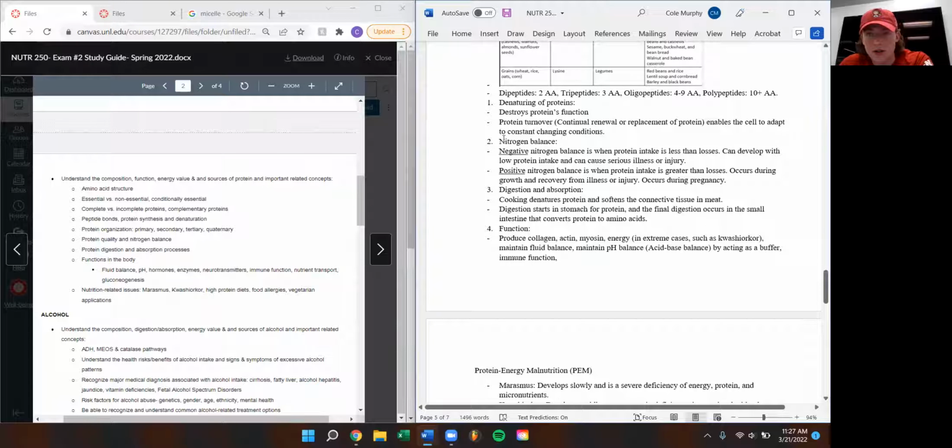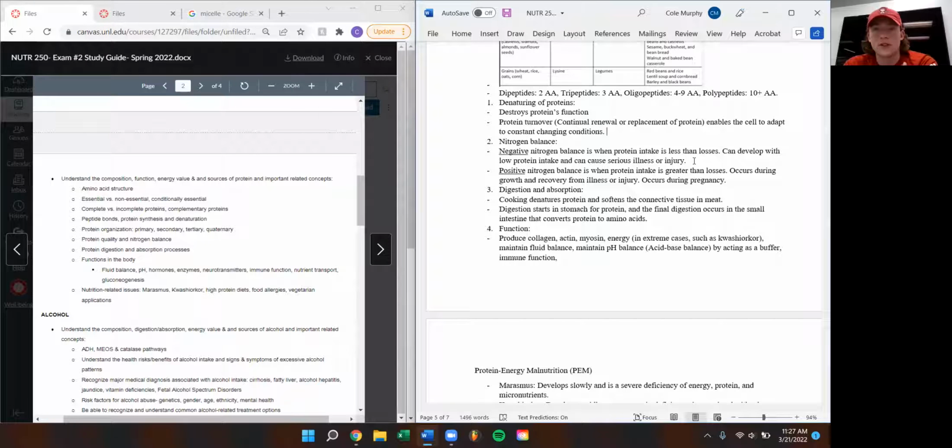Going to nitrogen balance. A negative nitrogen balance is when protein intake is less than its loss. This can develop with low protein intake and cause serious illness or injury, whereas positive nitrogen balance is when protein intake is greater than its losses.